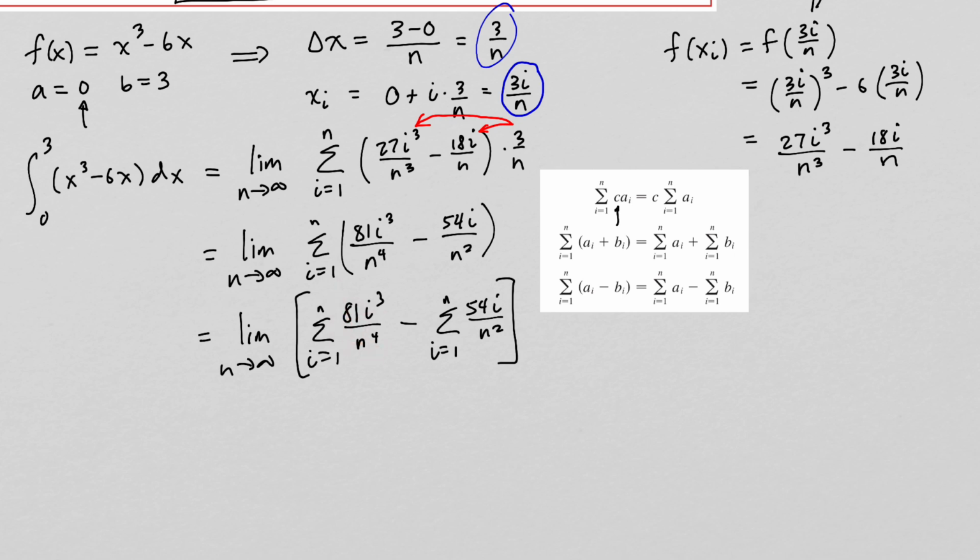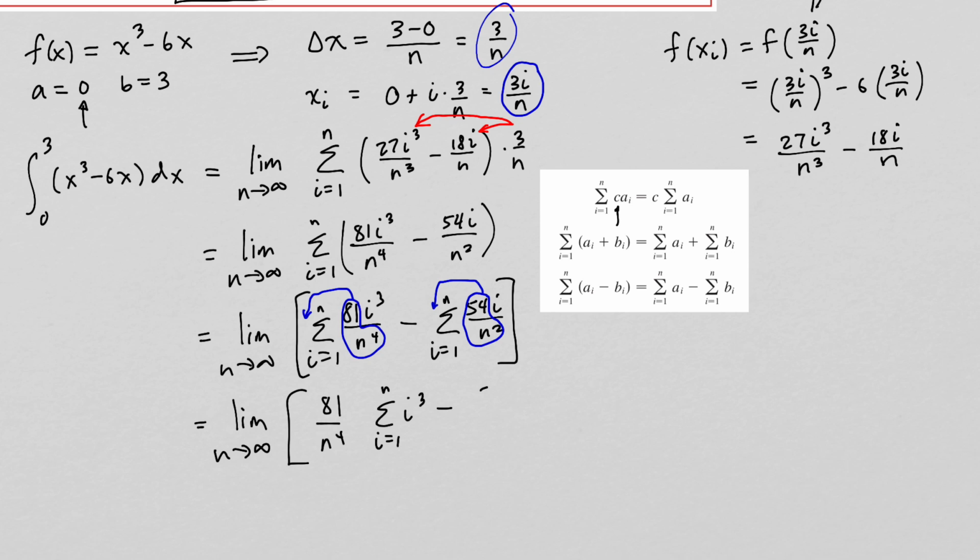Those are both constants with respect to this summation because the variable is i. So the 81 over n to the 4th can be factored out of this summation, and the 54 over n squared can be factored out of this summation. And when we factor those out, we get the limit as n goes to infinity of 81 over n to the 4th times the sum of i cubed, i equals 1 to n, minus 54 over n squared times the sum of i equals 1 to n.